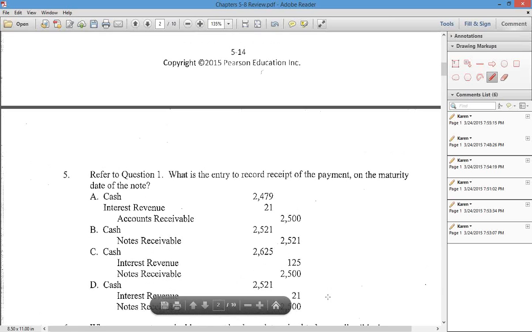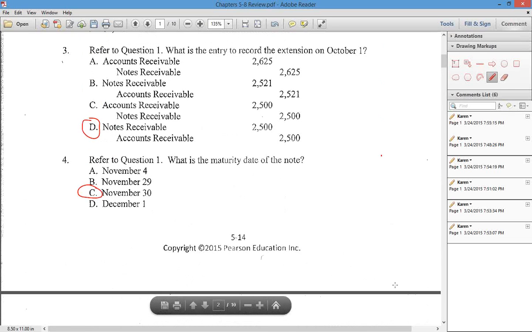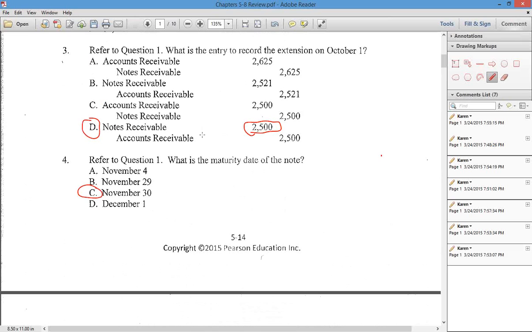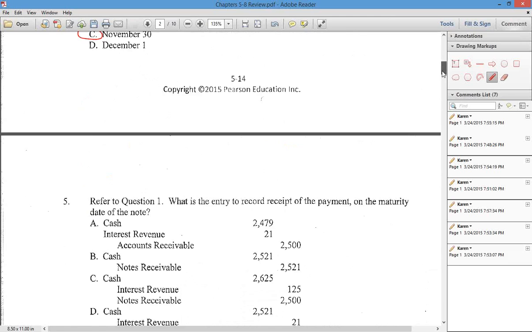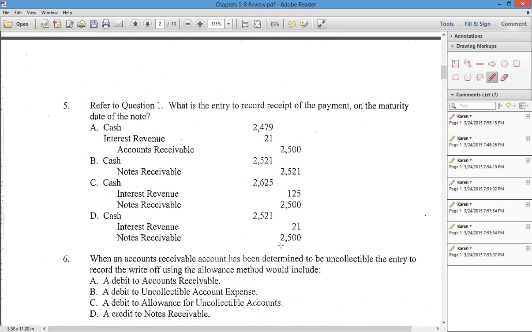And how much is in the note receivable originally? If we go up here, we see that we put into the notes receivable originally $2,500. If I had put $2,500 as a debit into that note receivable, then I need to credit out $2,500 in order to make the balance in that note receivable account be 0.